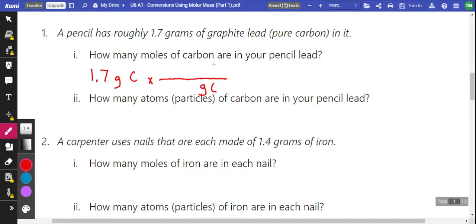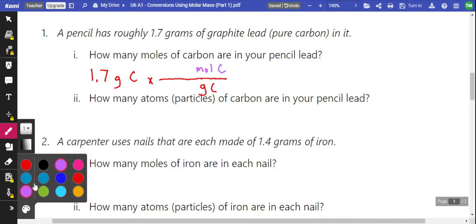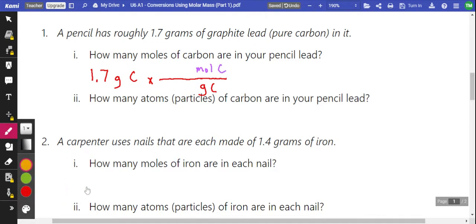Whatever we're trying to get to goes on top, like moles of carbon is what we're looking for. So whatever's on top of the fraction bar will get multiplied, and whatever's on the bottom will get divided.